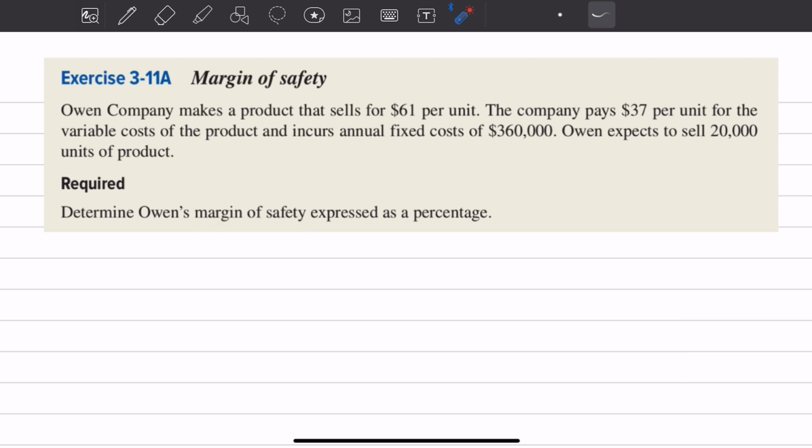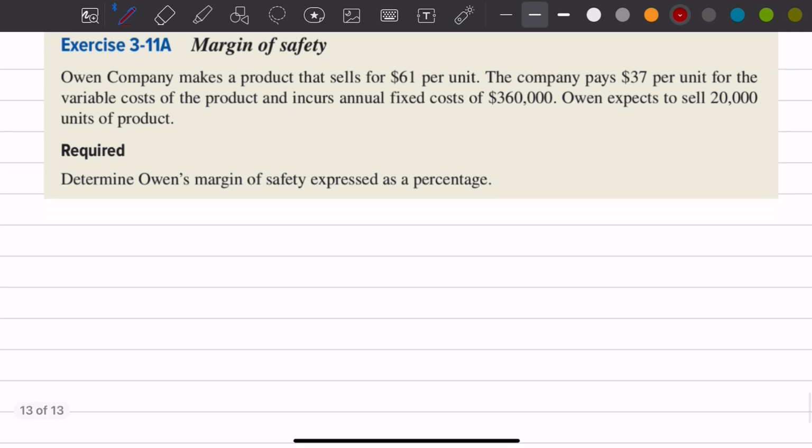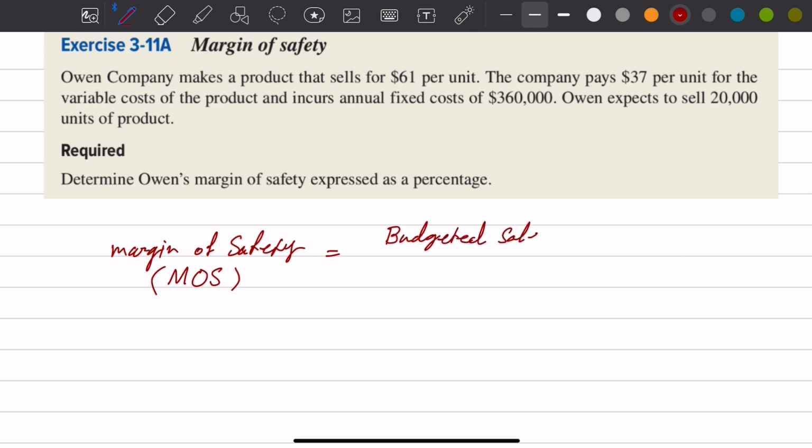Okay? So let's quickly remind ourselves of the margin of safety formula, which states that the margin of safety, which we can abbreviate to MOS if you like, equals budgeted sales minus the break-even sales, all divided by the budgeted sales.